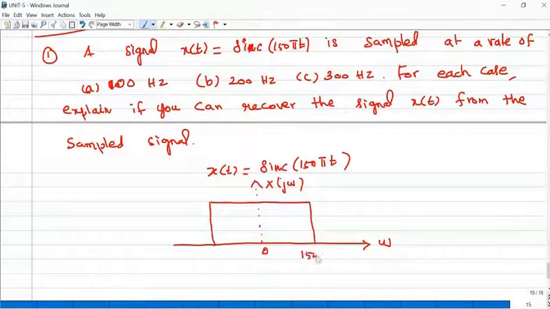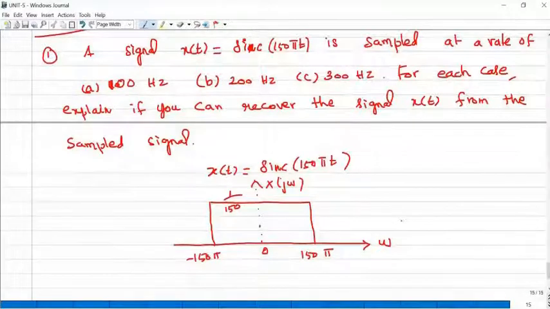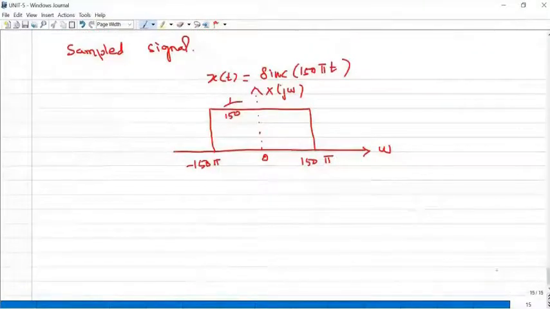Right side 150 pi, left side minus 150 pi. The magnitude is 1 divided by 150.